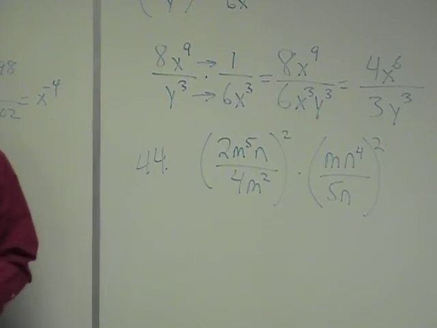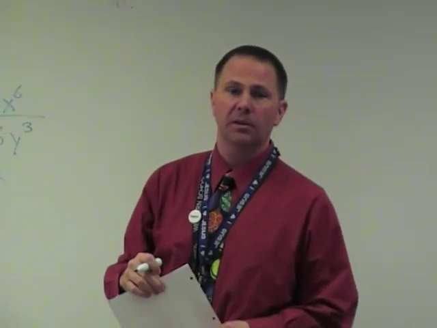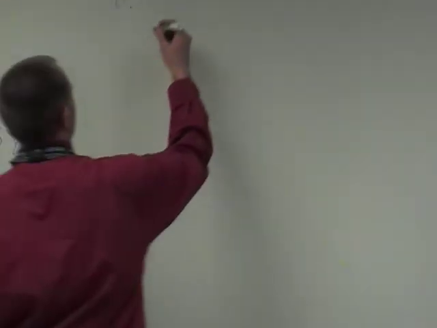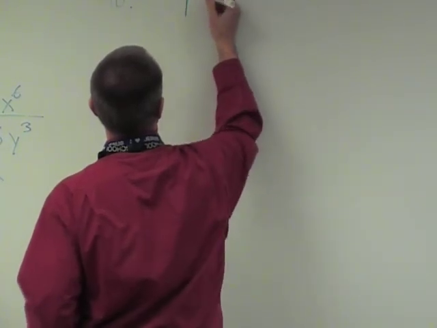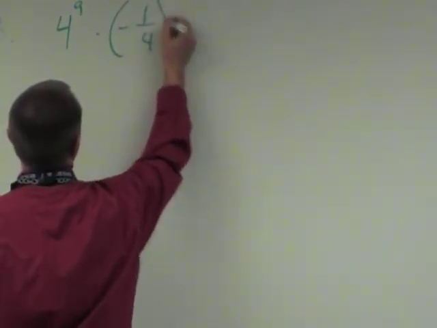Yeah. All right, others? Ben? Number 18. All right, tell me what it is. 4 to the 9th times parentheses -1/4 parentheses 5.